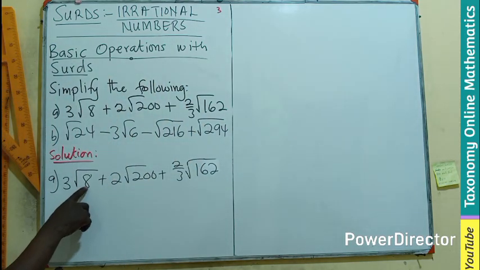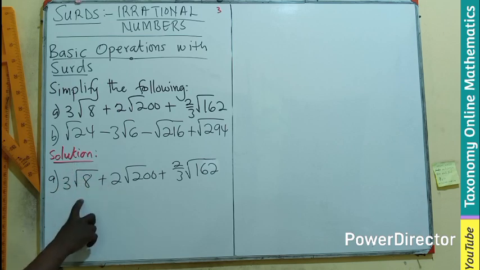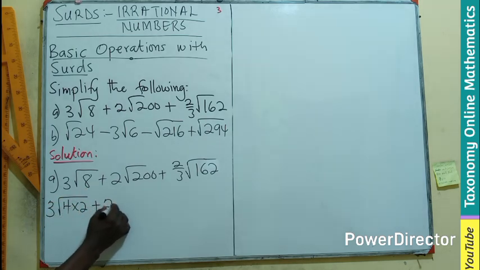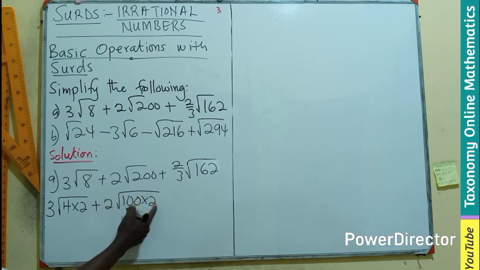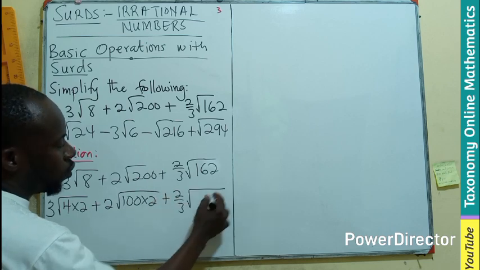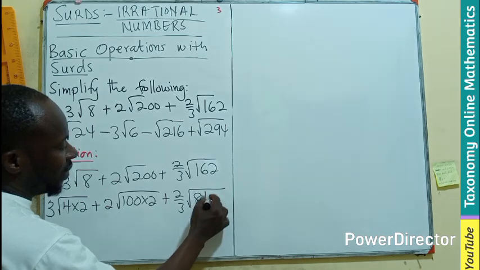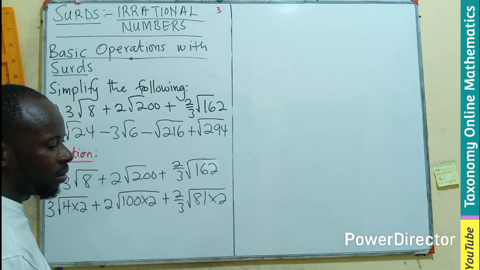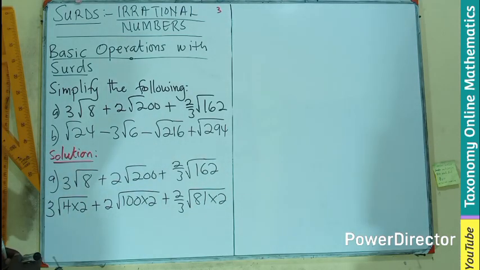For example, I can convert this directly to rational and irrational, but we are still in the first aspect of it, so let's continue. So 3, the root of the perfect square here is 4 times 2. This is 200, so 100 times 2; 200 divided by 2, we get 100. Then plus 2 thirds, the root of 162; if I divide by 2, I'll get 81, and 81 is a perfect square.